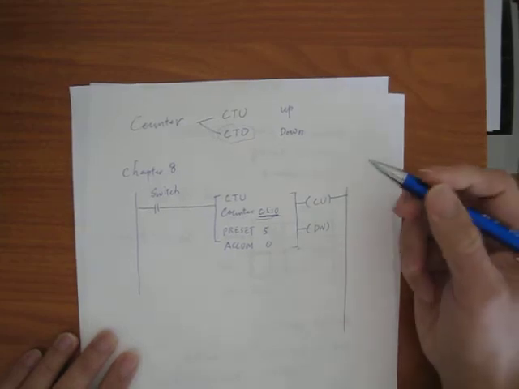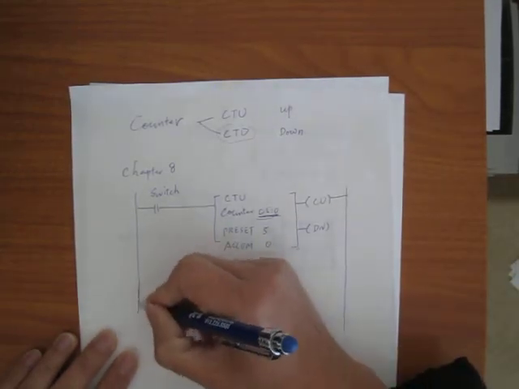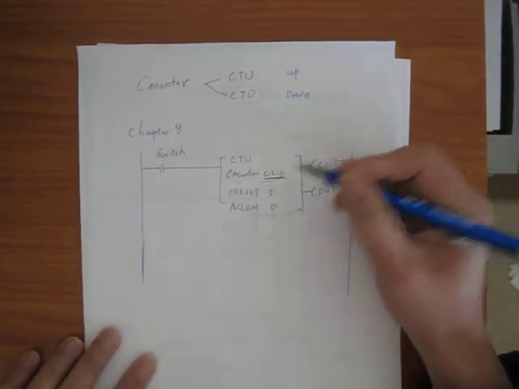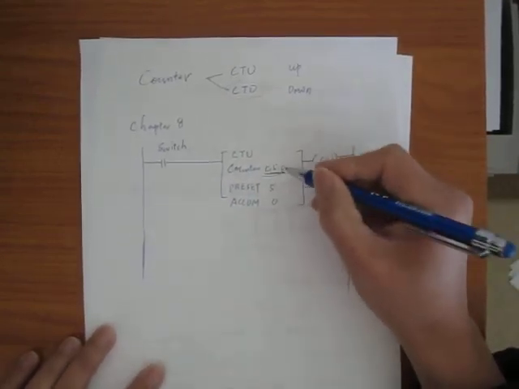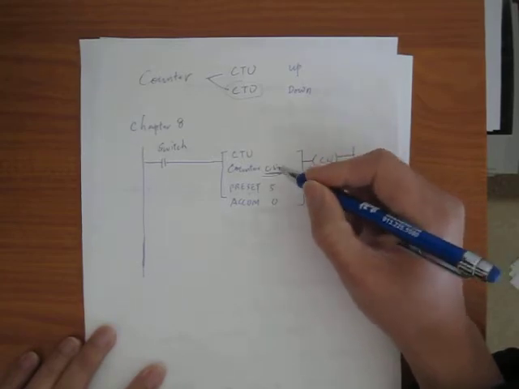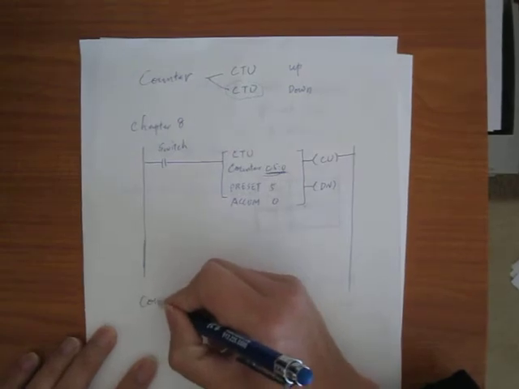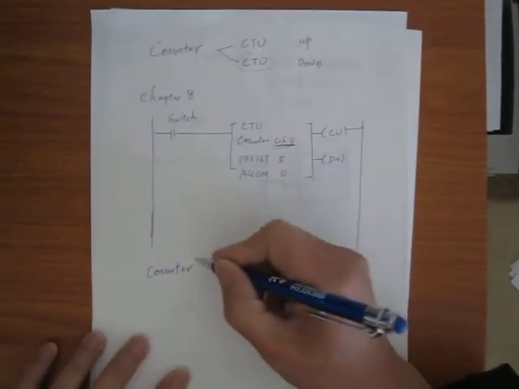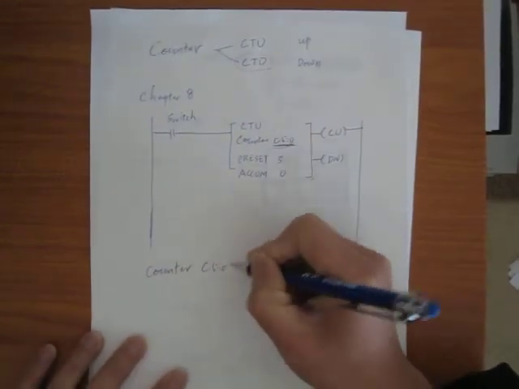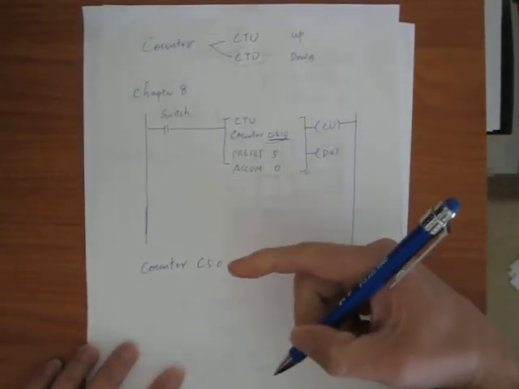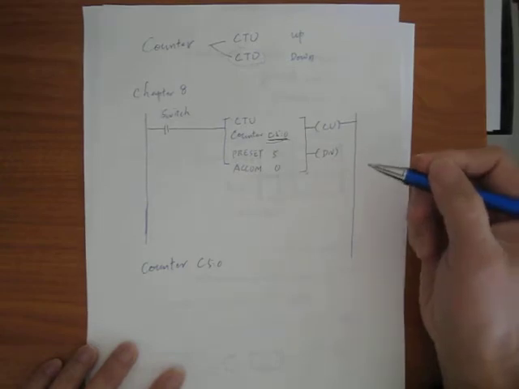All right. Now let's take a look at this counter here, this CTU. Let's say we use the book's terminology, C50. This counter C50 has many addresses that you can refer to.